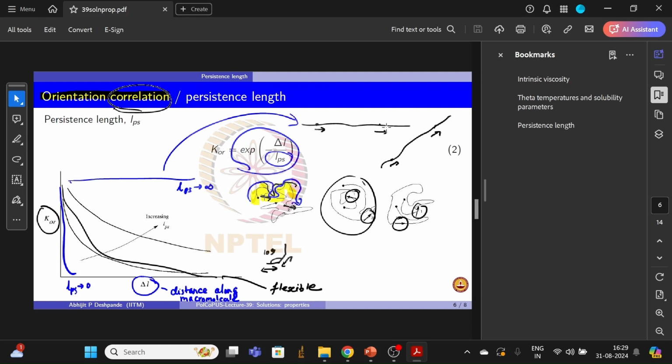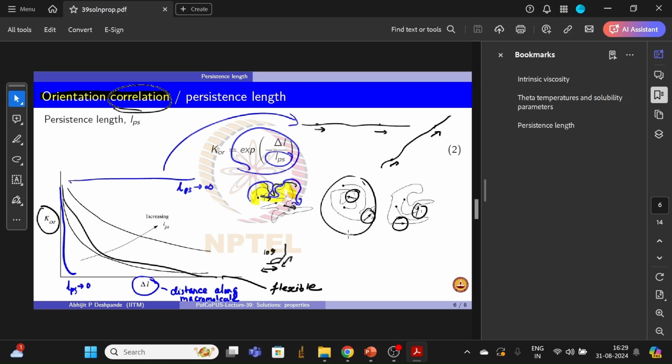You can correlate how the orientation will be. Whereas for this more coiled structure, it's very difficult. This point is here, but this point is somewhere here. You cannot correlate. Maybe in the next moment, it may be somewhere else, right? It depends on whether it is able to bend much more. Here, your bending capability is very less, so it will be much more of an expanded chain.